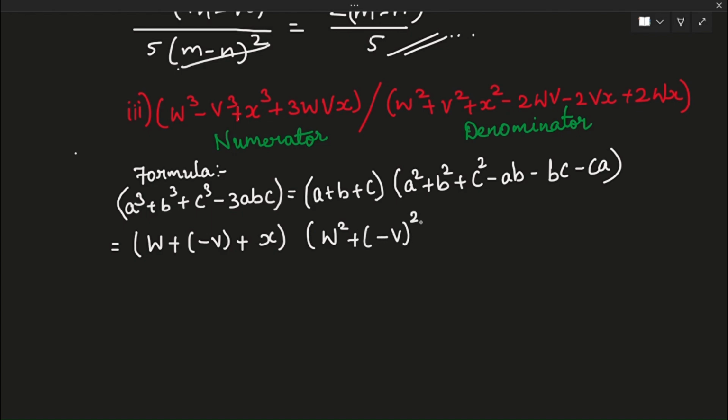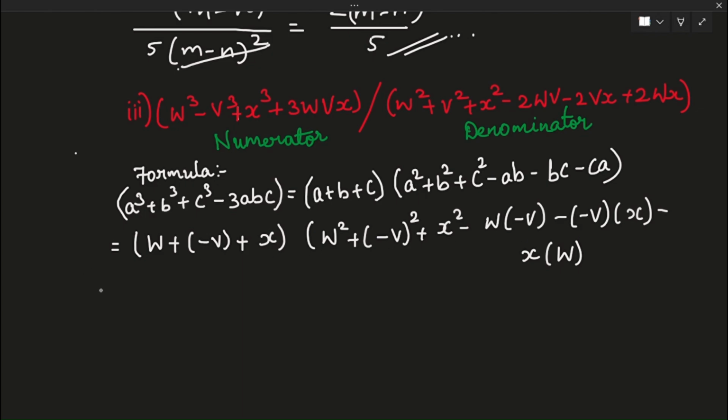Minus v square, plus x square, minus what is our a? A is nothing but w, into minus v, minus what is our b, minus v, into x, then minus what is c? C is nothing but x into what is a, w.